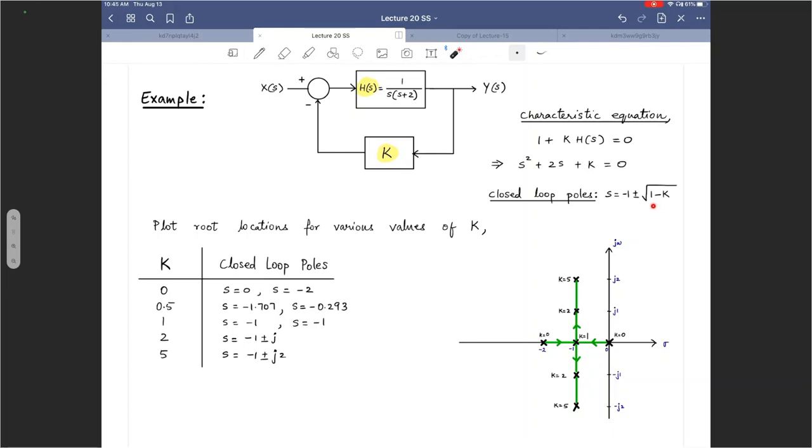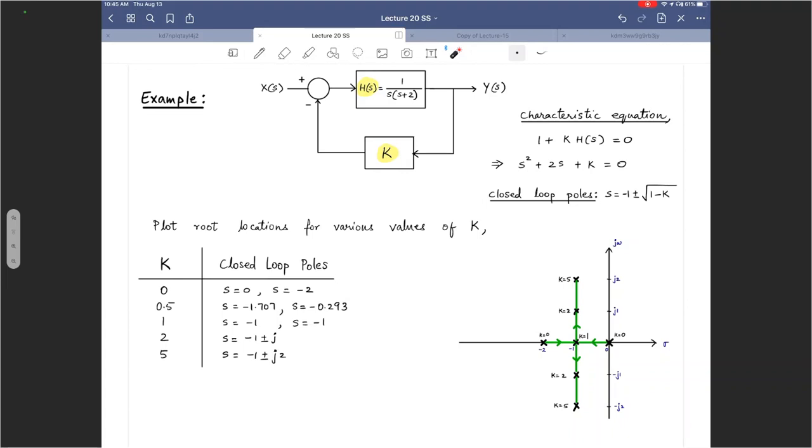And clearly, as I change k, the location of the closed loop poles will change. They may become complex, they may become real, but it changes as I change k. So the closed loop poles will move around in the s-plane as I change the value of k from 0 to infinity. That's our goal, to sketch that plot.